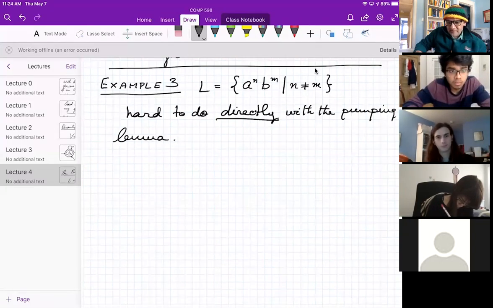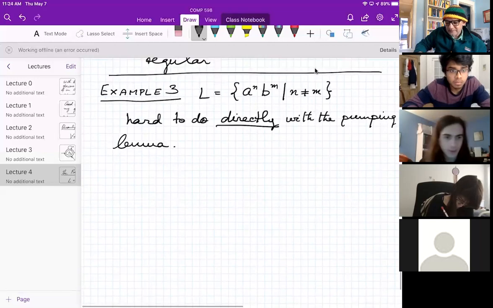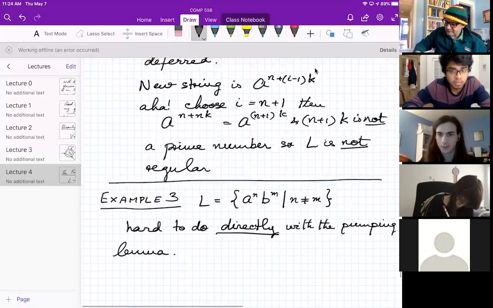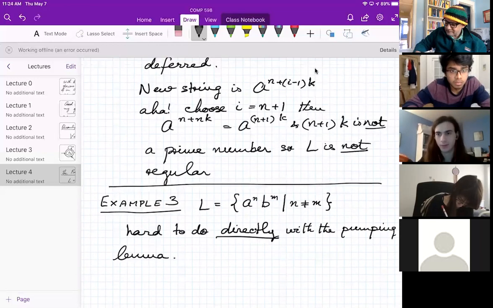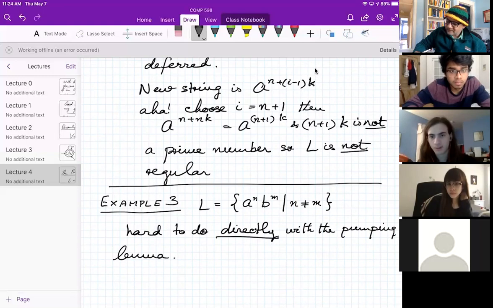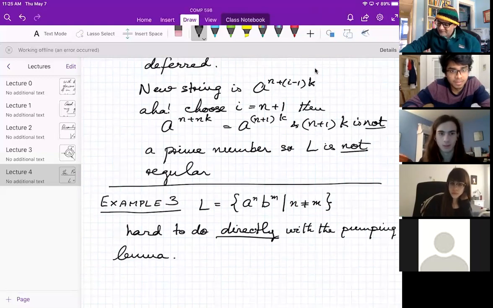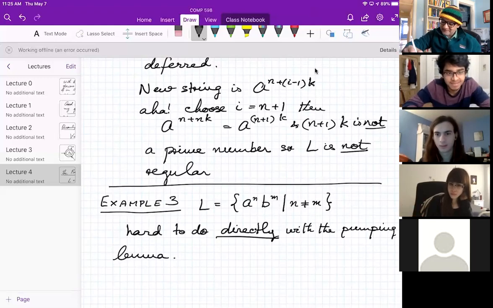So Adam, what's the chat about? The chat is just saying that on example 2, it should be n distributed to 1 plus k rather than k distributed to n plus 1. What did I write? You wrote n plus 1 times k. The chat thinks it should be... So let's see, that's n plus 1 minus 1, so that's nk. It's n times k plus 1, yes.